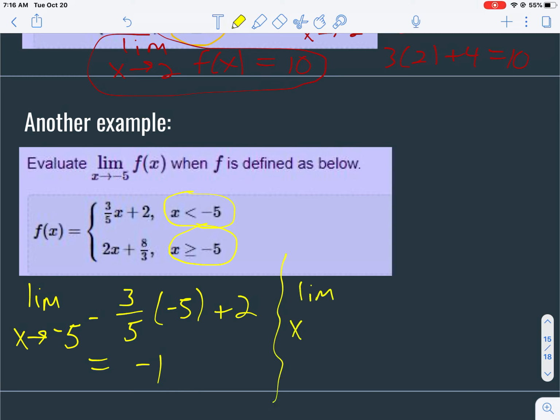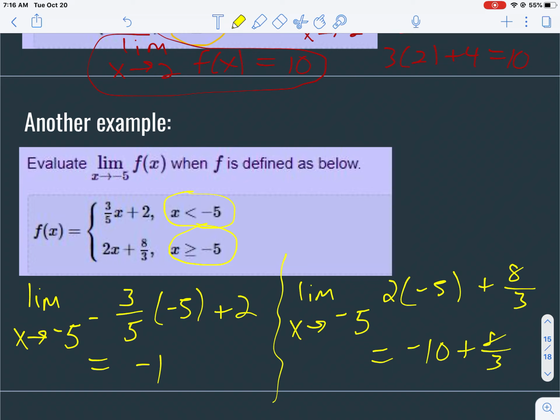The limit as x approaches negative 5 from the right of 2 times negative 5 plus 8/3 equals negative 10 plus 8/3, which is negative 22/3.